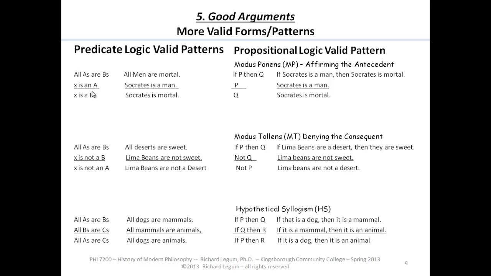Therefore, if it's a dog, it is an animal. Now, some of you might say, gee, this is trivial. Yes, these are obvious. We're going to come across arguments that use inferences like this that aren't so obvious. I'm giving you the obvious case so you understand that it's valid. That was hypothetical syllogism. And notice in predicate logic, with alls, we have something similar. All A's are B's, all B's are C's, therefore all A's are C's.